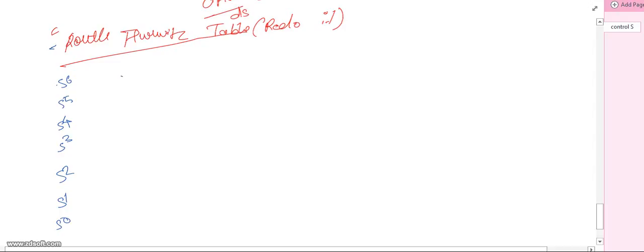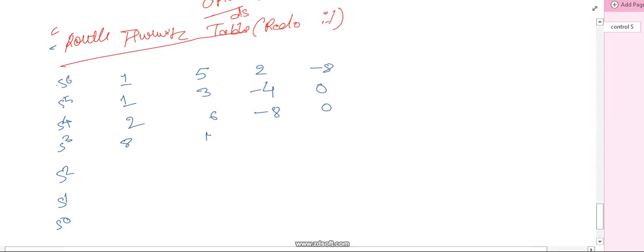For s6 we have 1, 5, 2, minus 8; then 1, 3, minus 4, 0; then 2, 6, minus 8, 0. And this row was previously becoming 0. Now we have replaced it by 8, then 12, then 0 and 0.